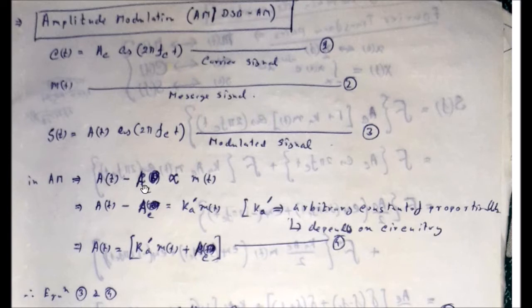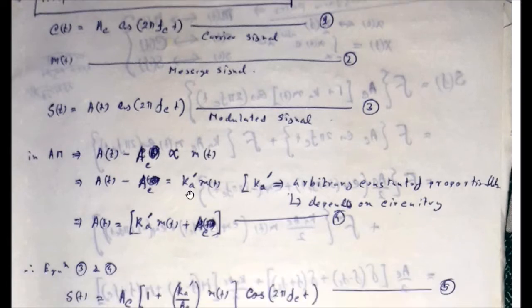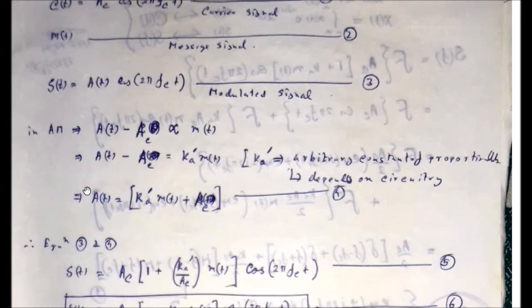So A(t) minus A_c, the final value minus the initial value of the amplitude, should be proportional to m(t). Simply, if you introduce one proportionality constant, an arbitrary constant Ka dashed, this proportionality will become the equality. And now from this, if you simplify, A(t) should be equal to Ka dashed m(t) plus A_c.